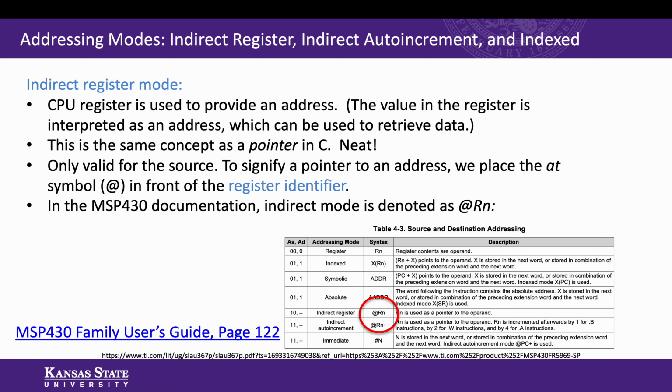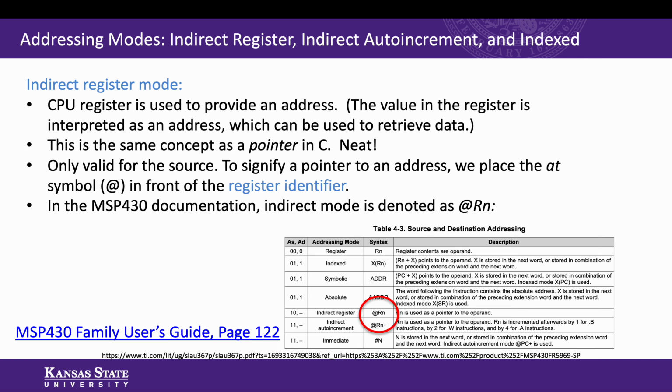So this is the 5th one that we're covering in this sequence of videos. And this is actually one of my favorite ones. In this one, the CPU register is storing a value that's going to be interpreted as an address. So it points to an address. The value in the register is interpreted as an address, and then that address is used to retrieve data.